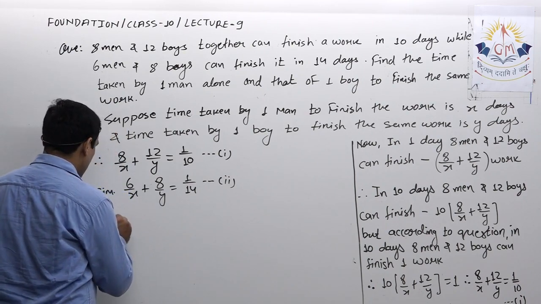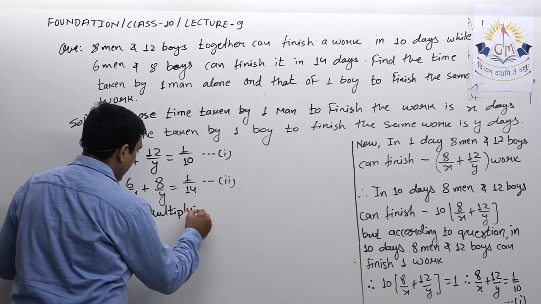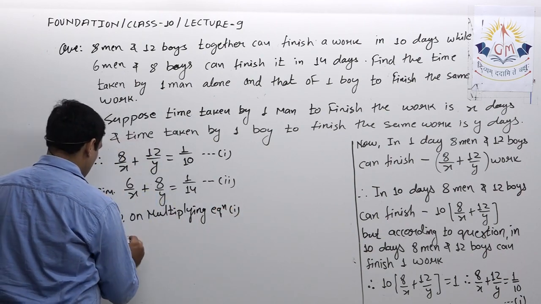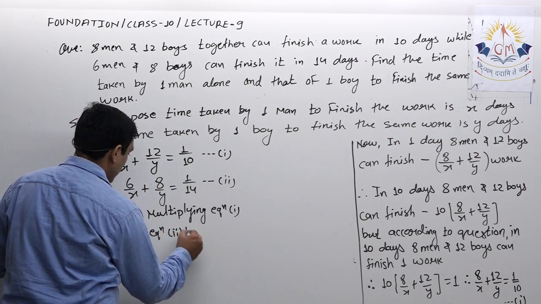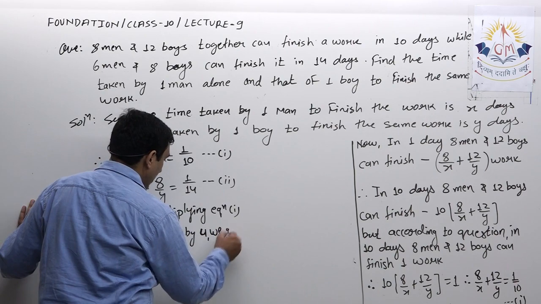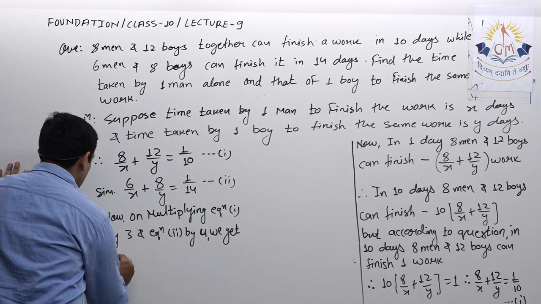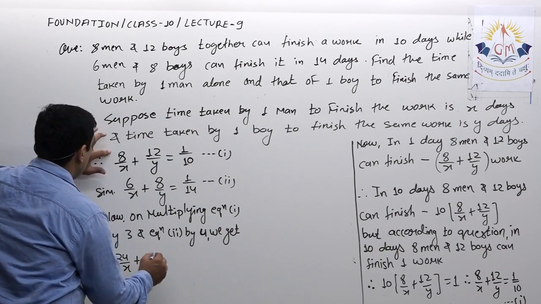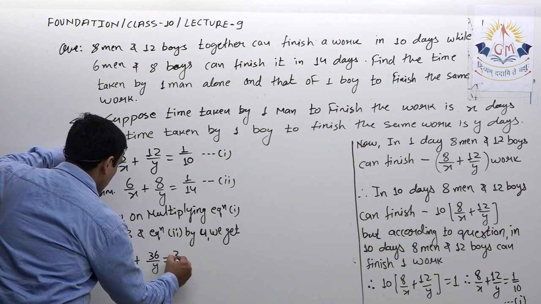So now, on multiplying equation 1 by 3 and equation 2 by 4, what do we get? We'll get 24 upon x plus 36 upon y is equal to 3 upon 10.